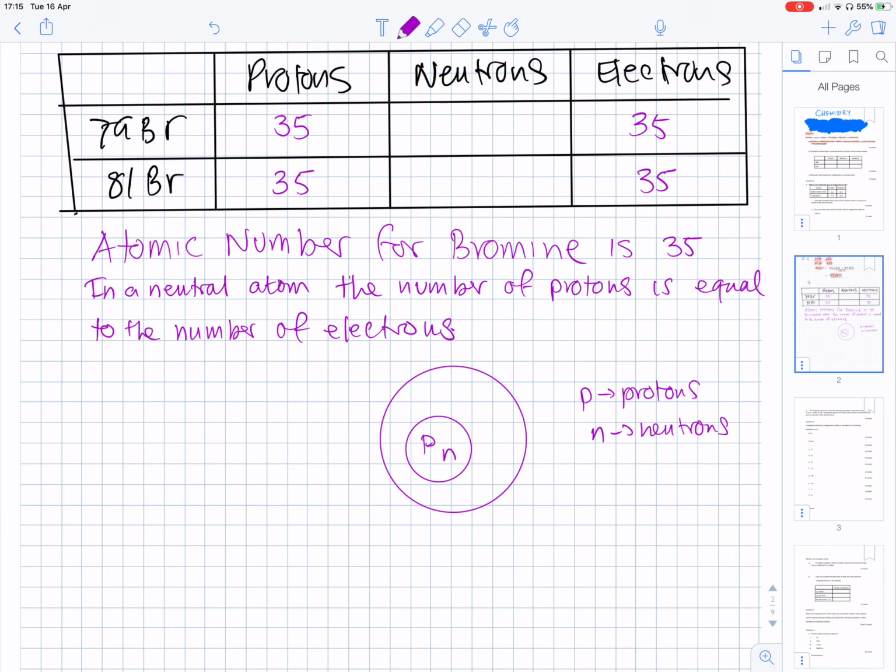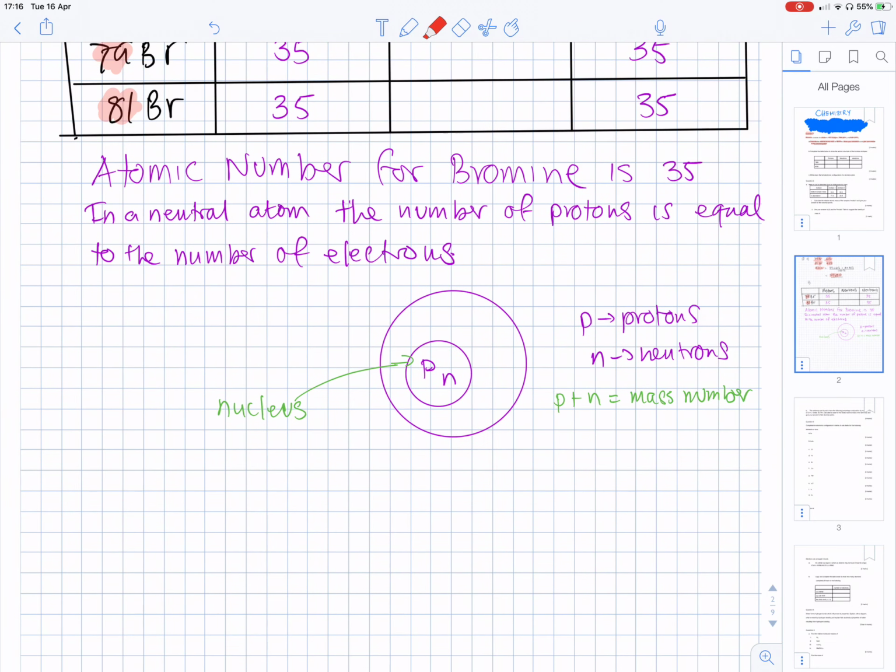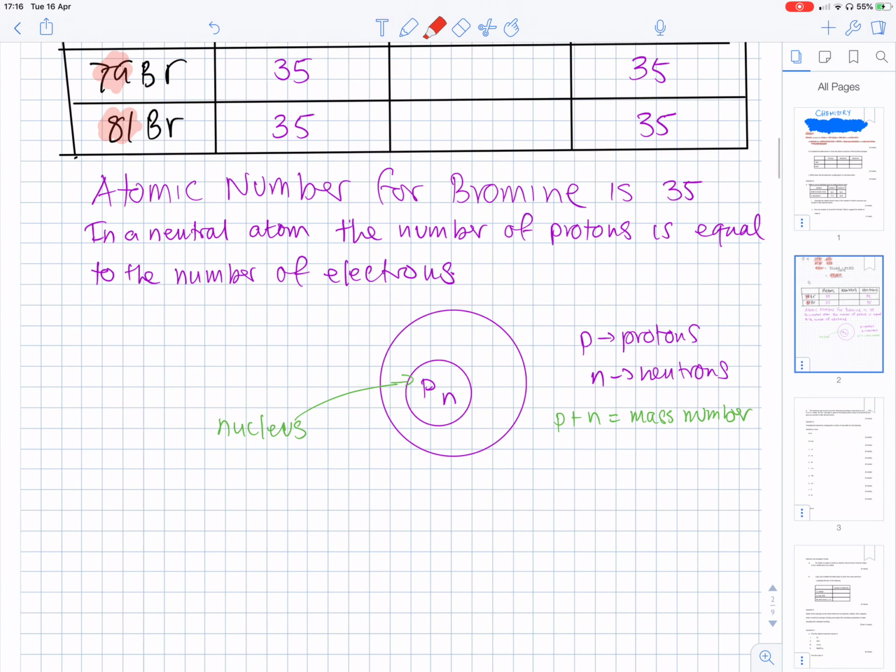Okay, so here, inside the nucleus, we have protons and neutrons. So the total number of protons and neutrons is going to be the mass number. So P plus N equals mass number, which in this case is 81 and 79. So this 79 and this 81 will make up the mass number. So we're looking for the number of neutrons.